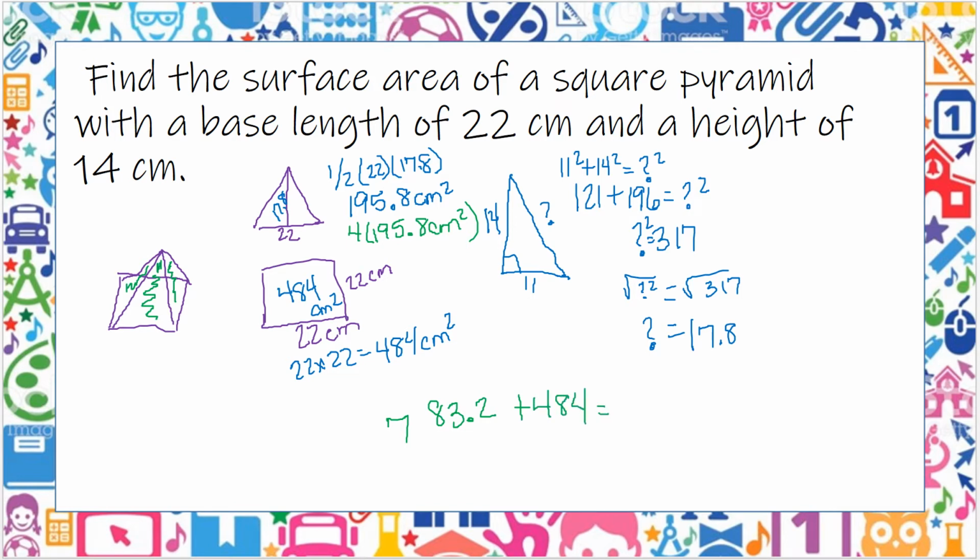And that will tell us the total number of centimeters squared of wrapping paper or paint or whatever you want to do to cover this entire square pyramid. So it would take 1,267.2 to cover that entire pyramid.